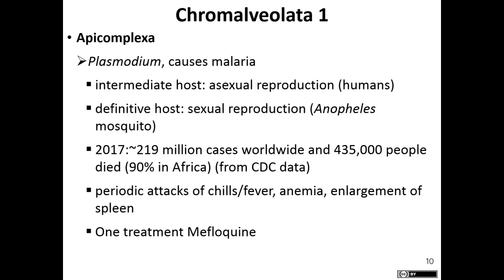Interestingly, a disorder known as sickle cell anemia is also associated with Africa. It's very common in Africa, and there's a reason for this. The Plasmodium protozoan cannot survive in humans that have sickle cell disease.